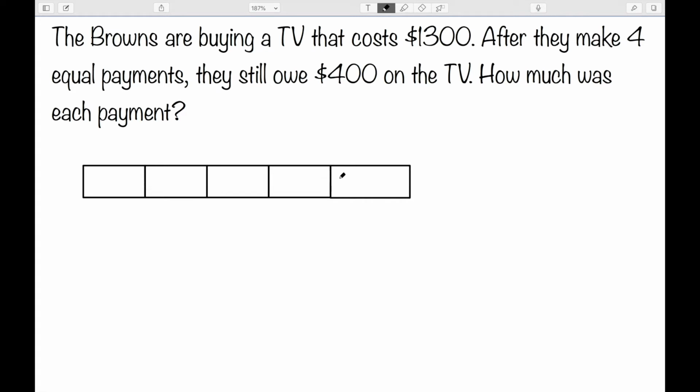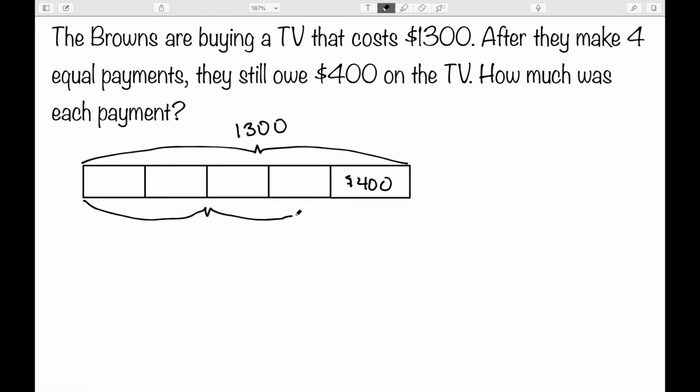So here I have my strip diagram. I have 4 equal pieces for the 4 equal payments. We still owe $400, and the entire thing should represent $1,300. So we need to start by figuring out how much this represents, and we can see that that would be 1,300 minus 400, so this space right here is 900.